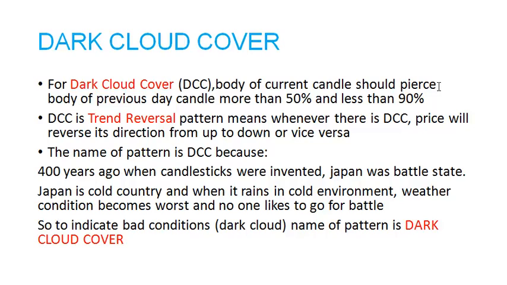So whenever you see dark clouds on the horizon, it basically means that it is going to rain and you don't want to be fighting in the rain. So dark cloud cover basically means that the prices may come down, because it's not a very significantly positive candle but a negative candle.